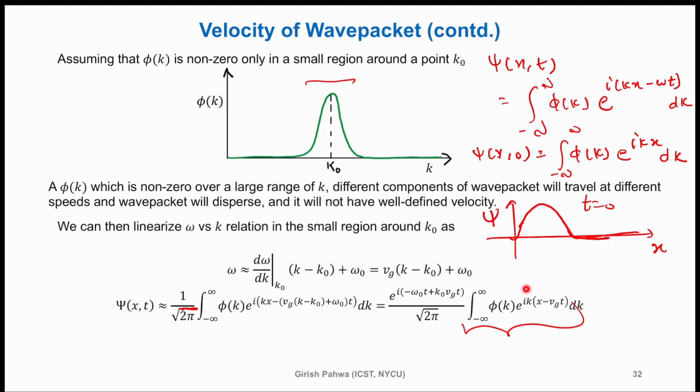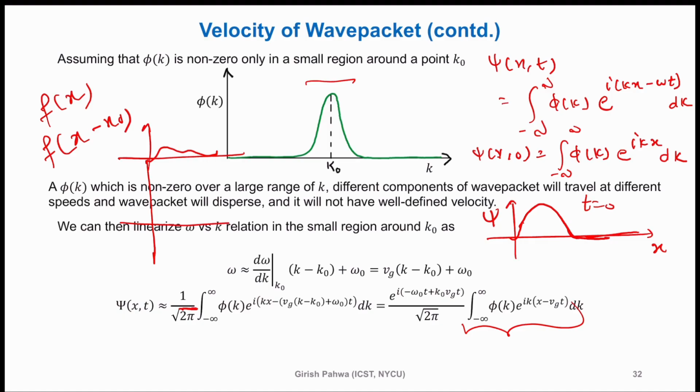What is this thing? Here you have replaced x with x minus Vg t. It's the same thing, but x is replaced with x minus Vg t. So it's like if you have a function f of x and you replace it with f of x minus x naught, what happens? If I have this function f of x, and I want to draw f of x minus x naught, how will it look?